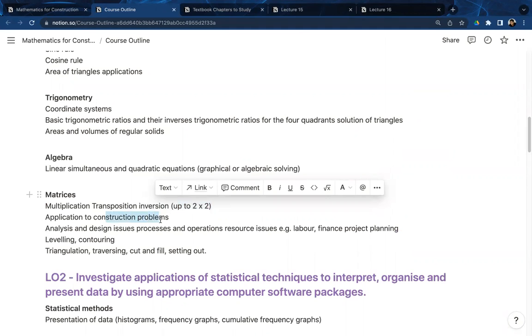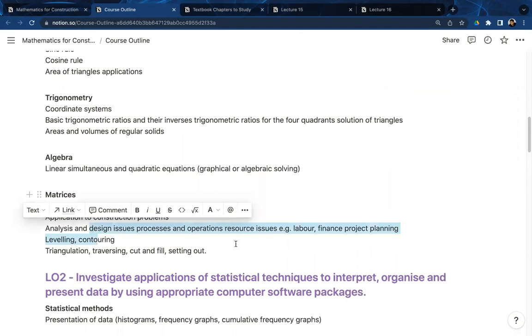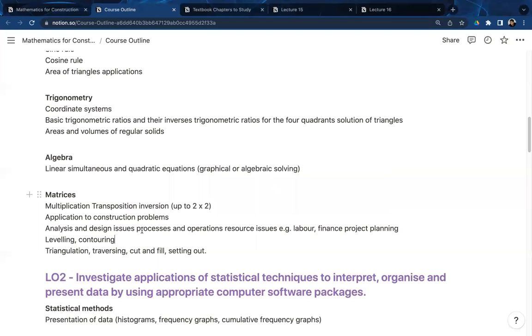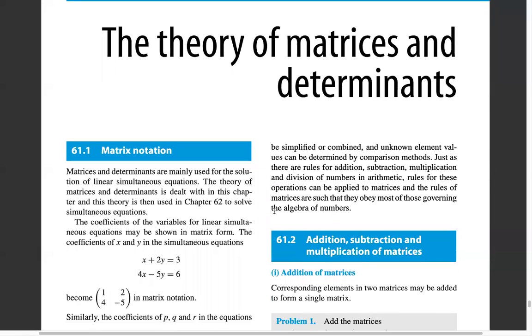How it applies to construction problems. And we have some real life scenarios, which you will see in your assignment, where you would have to use matrices to solve some problem in industry, right? But you really want to stick to 2 by 2. So when you're reading your textbook, don't really focus on 3 by 3 or anything greater, right? Stick to 2 by 2 matrices, and you'll see it as we go through, right?